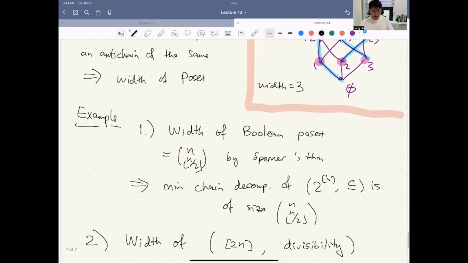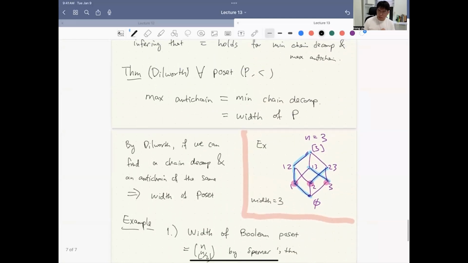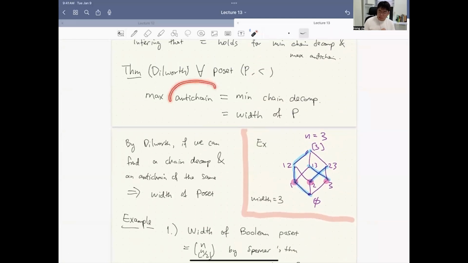So we just need to find... As I said, it's easy to find an anti-chain, but it's not easy to determine what's the maximum size. It's easy to find a chain decomposition, but it's not sure whether this one is the minimum size.